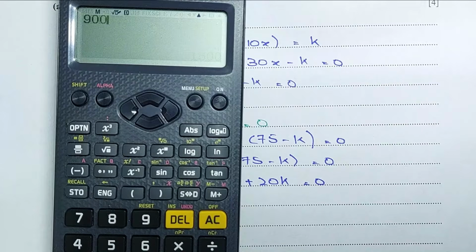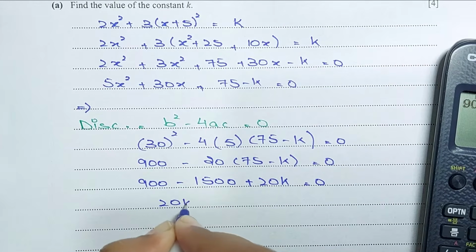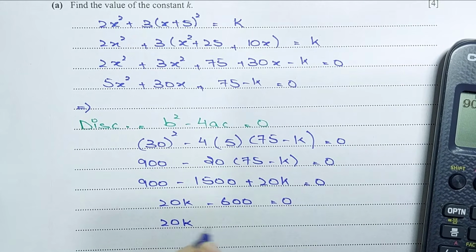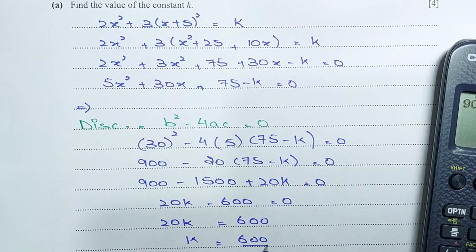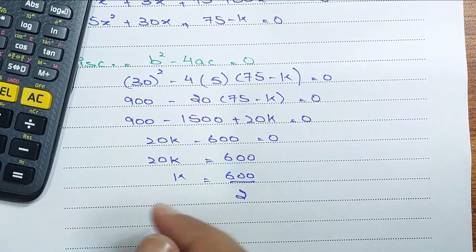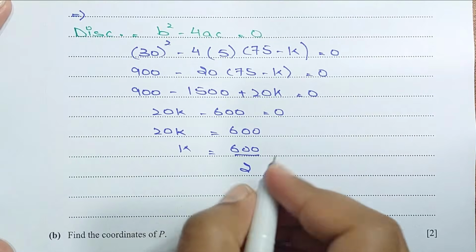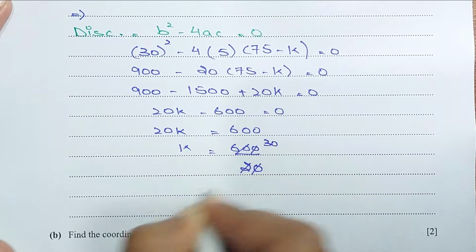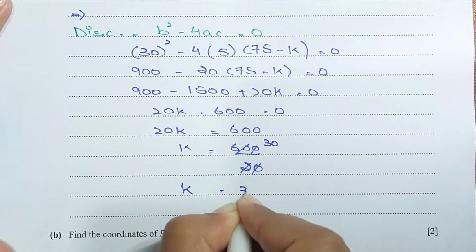Okay, so 900 minus 1500 is minus 600. So 20k minus 600 equals 0. 20k equals 600, and k equals 600 divided by 20. So the k value is 30.